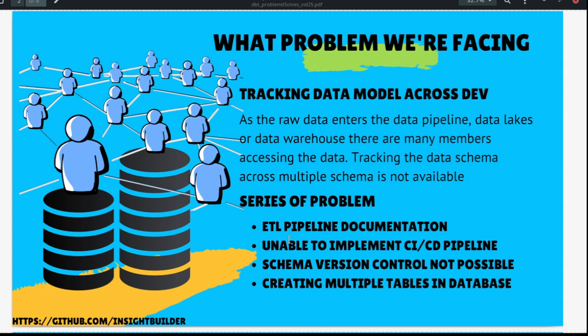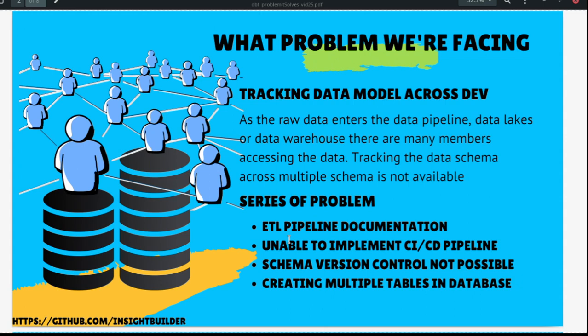Such a process is called a CI/CD pipeline. But if you don't have proper documentation or a proper, automated way of checking the schema or checking the data model in our pipeline, it will be very difficult to implement CI/CD.